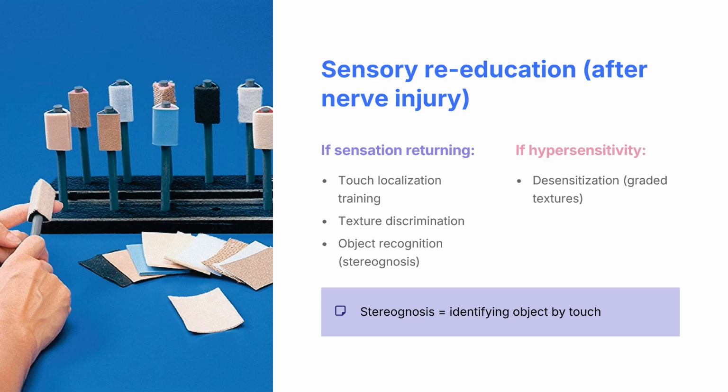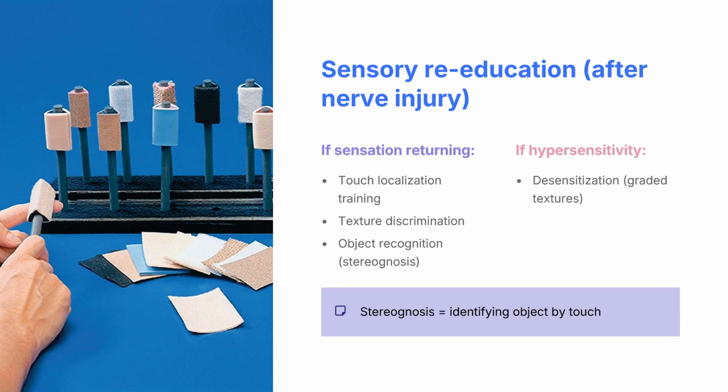If the hypersensitivity increases, then desensitization is done using graded textures. Desensitization means you are reducing the sensation feedback by giving sensation differences. By providing different kinds of sensations, we are reducing the hyperactivity of the sensations, right? That is called desensitization.